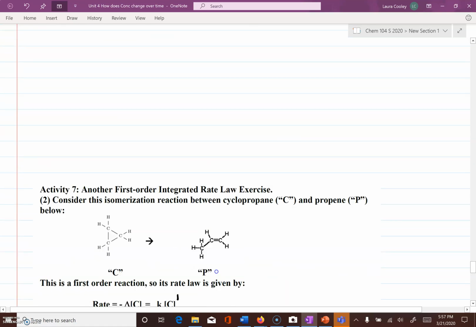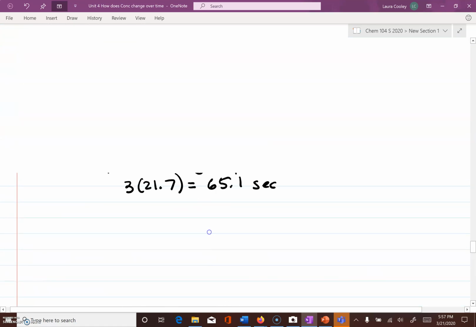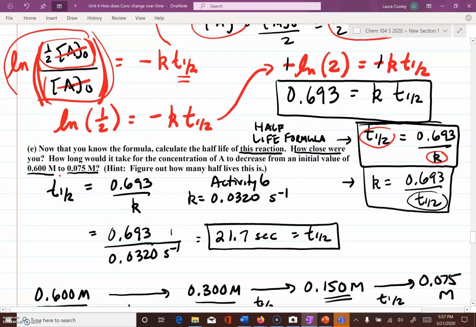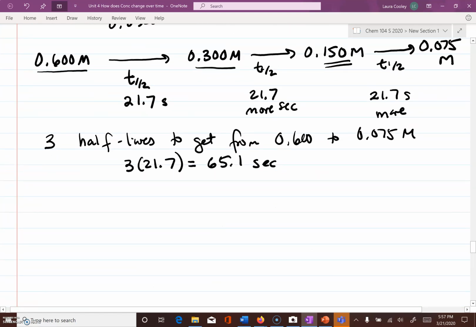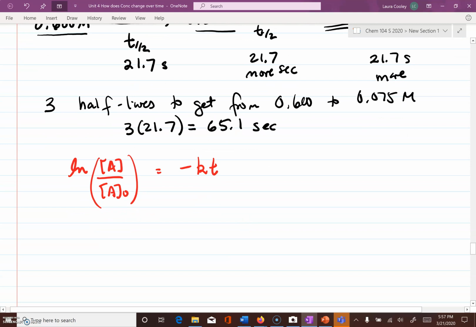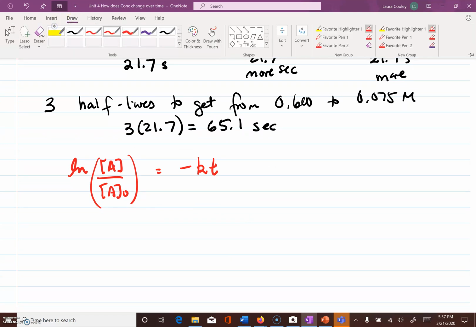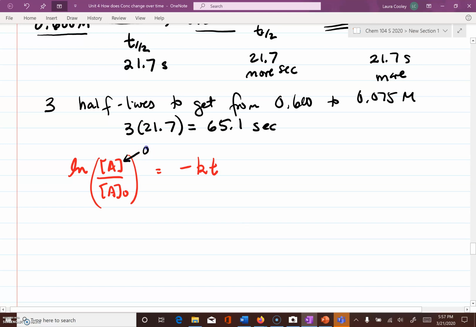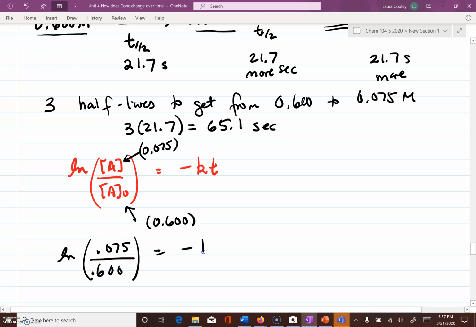Okay, so the log of A would be, well, the A here would be 0.075. A0 would be 0.6. So the log of 0.075 over 0.6 is minus KT.